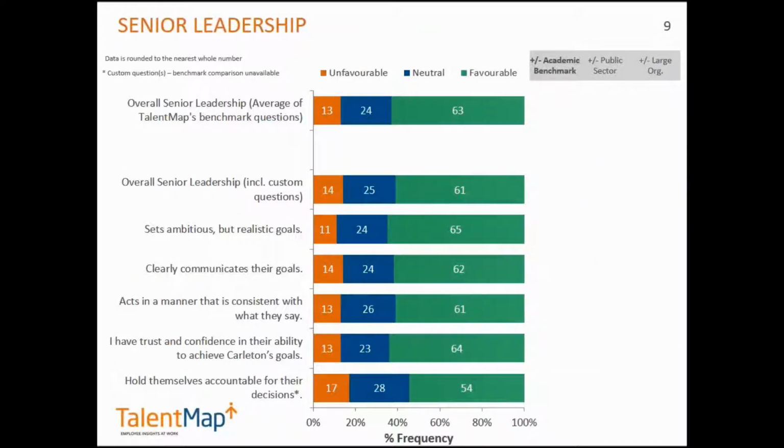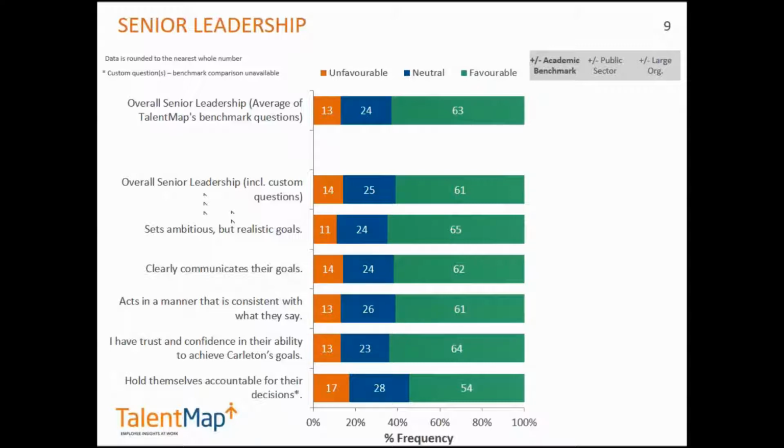So here's an example of an organization's results. You can see here, looking at the senior leadership dimension, the percentage of folks agreeing or strongly agreeing in green, neither agreeing nor disagreeing in blue, and disagreeing or strongly disagreeing in orange. Think for a minute: if you were the senior leader of this organization, how would you react to this?